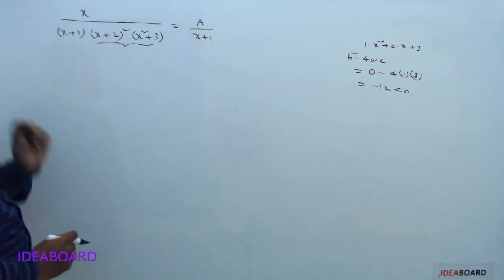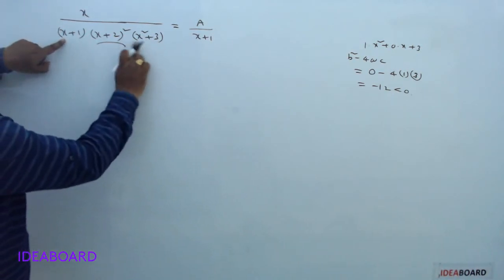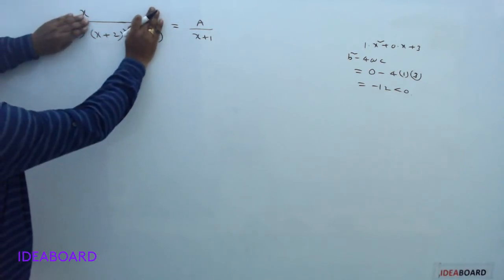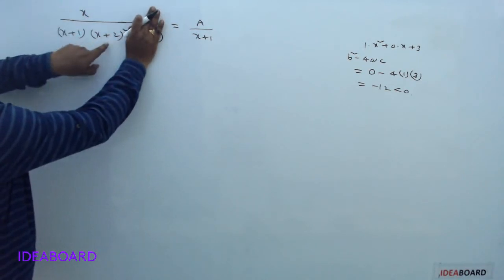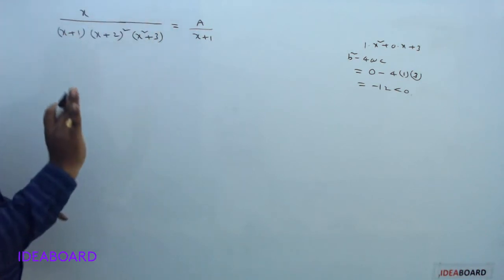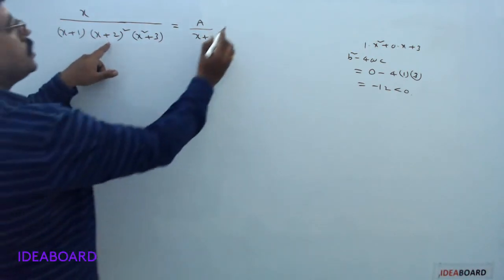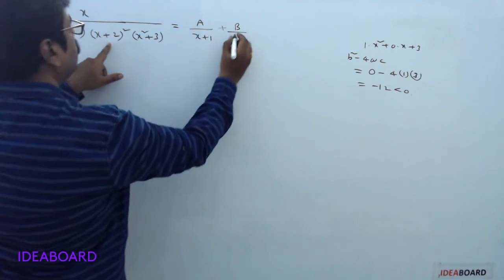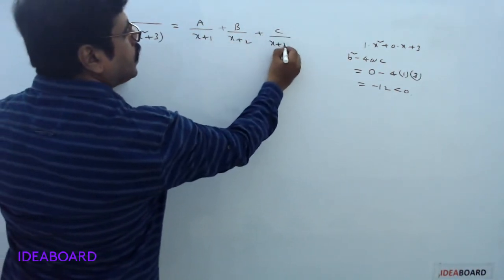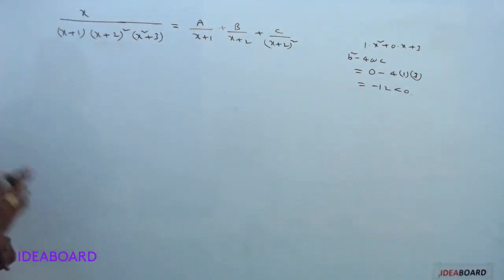So this part is over. Then close the first and third factors. Now these are repeated linear factors. By using type 2, how to resolve this fraction into partial fractions? This is some constant divided by x plus 2 plus some other constant divided by (x plus 2) whole square. Now this part is over.